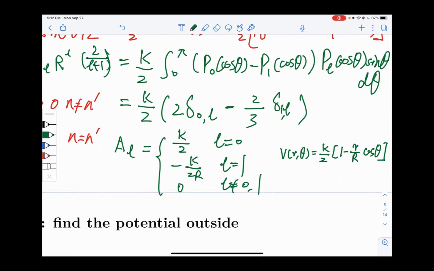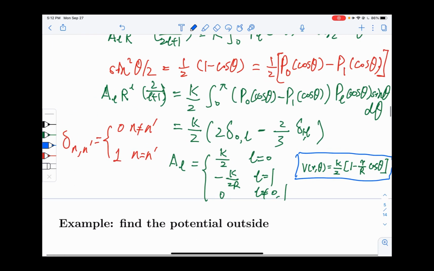Okay, so this one inside the blue box is our final solution.